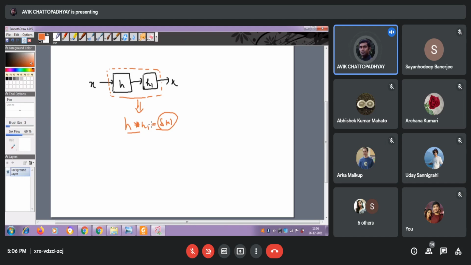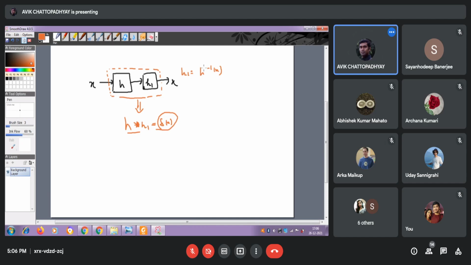One is the inverse system of the other. That means, notation-wise, what people write is, if it is Hn, then H1 equals H inverse N. So this indicates the inverse system. It is a notational representation.